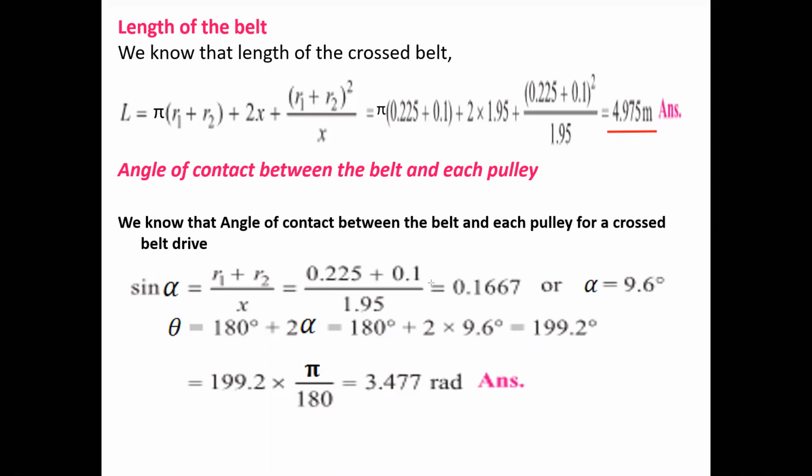Substituting R1 and R2, alpha comes to 9.6 degrees. Substituting the alpha value in our equation, we get theta, the angle of contact or angle of lap, as 3.477 radians.